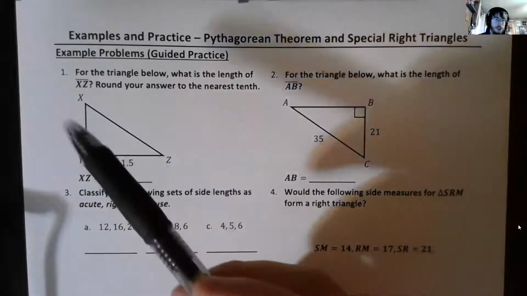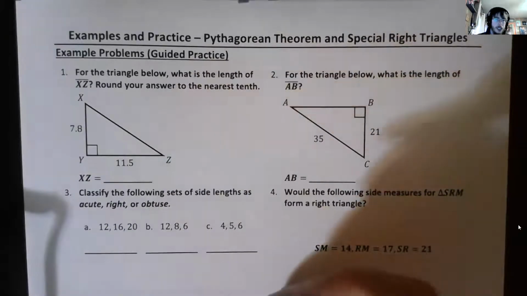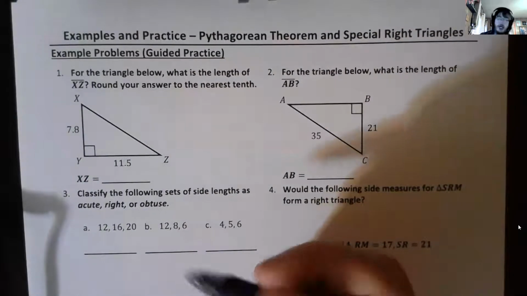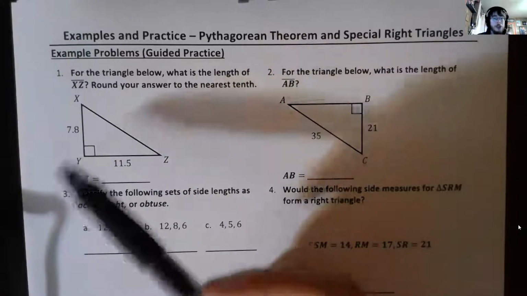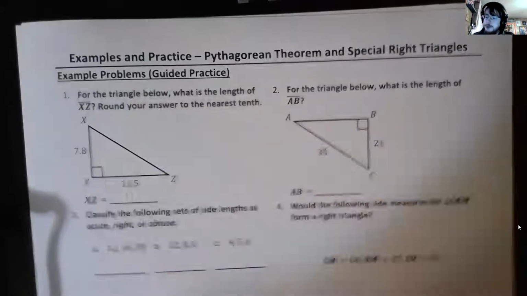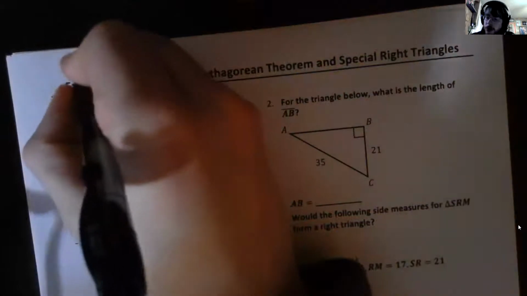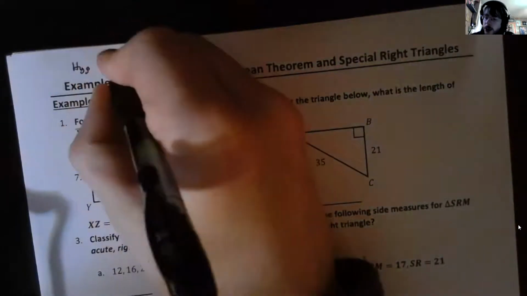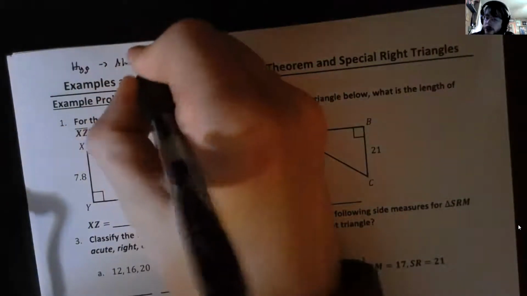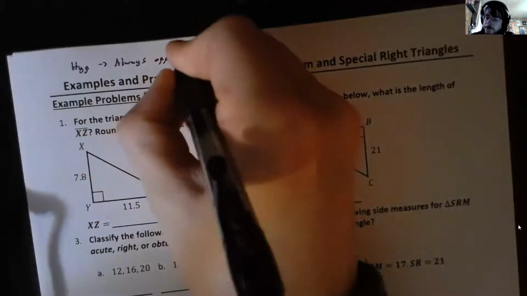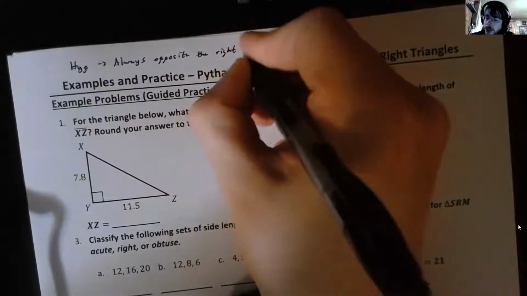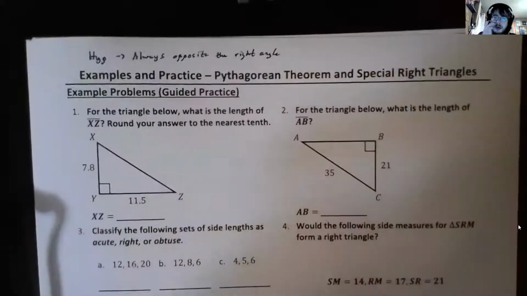And specifically, do we have legs or do we have hypotenuse? Well, remember that your hypotenuse is always opposite the right angle, okay?